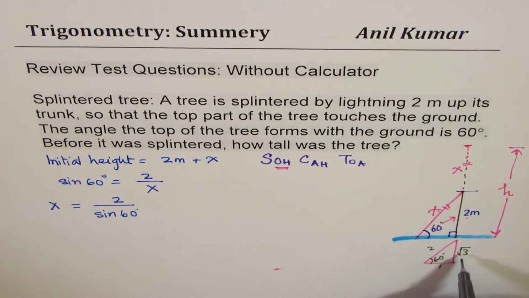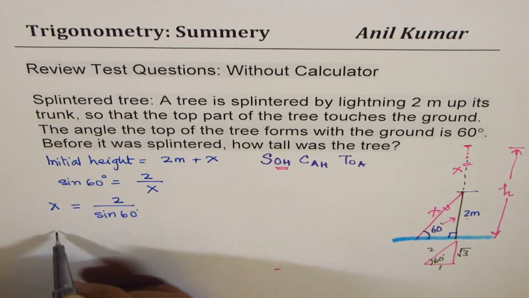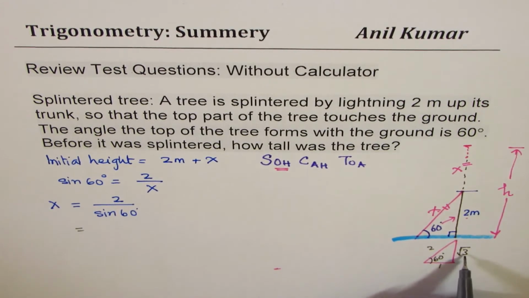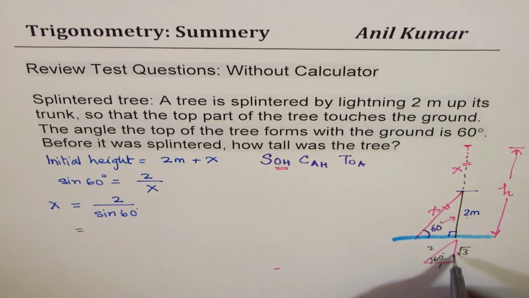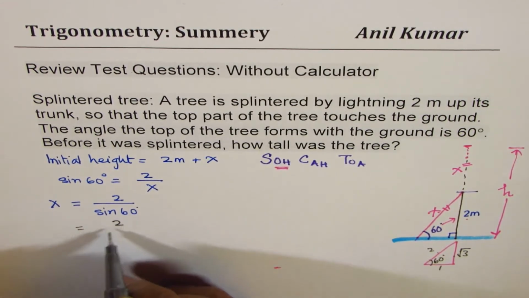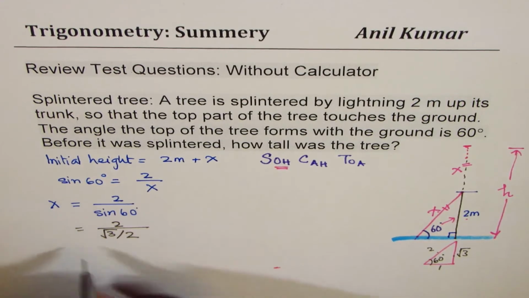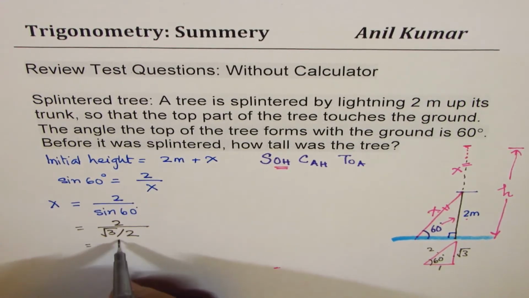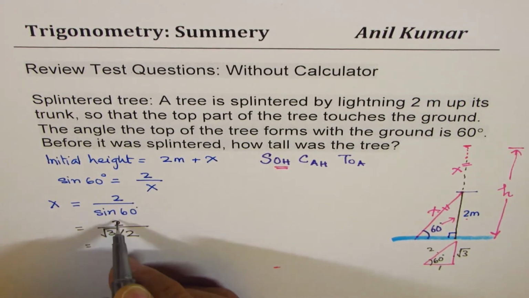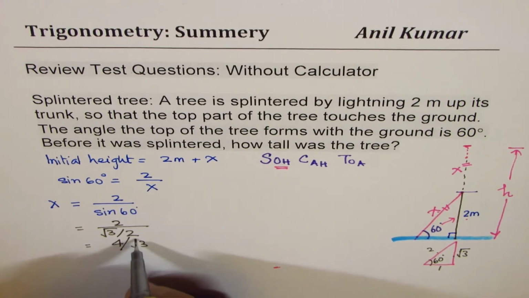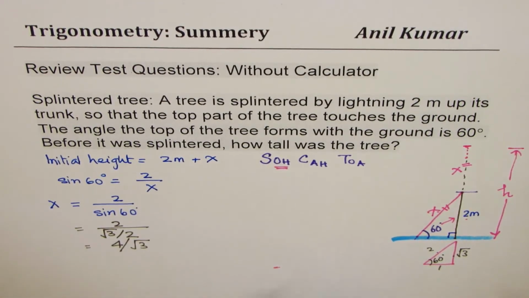So clearly sine 60 is square root 3 over 2, opposite side over hypotenuse. And that gives you the value of x as equal to 4, this 2 goes in the numerator, over square root 3. Do you see that?